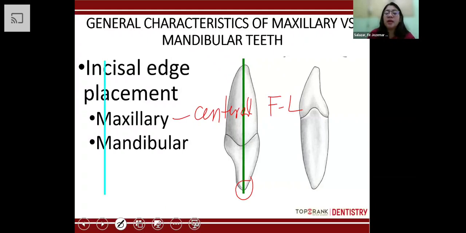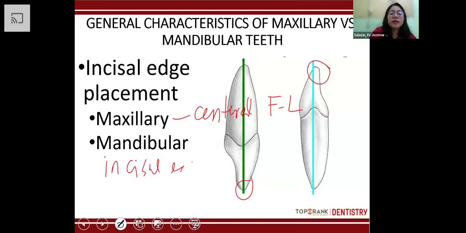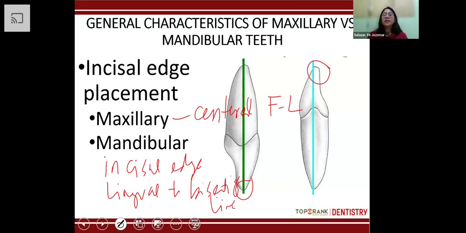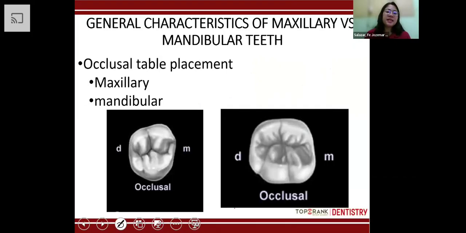While for the mandibular, if you draw a line that bisects the tooth labiolingually, you would notice that the incisal edge is lingual to the bisecting line.